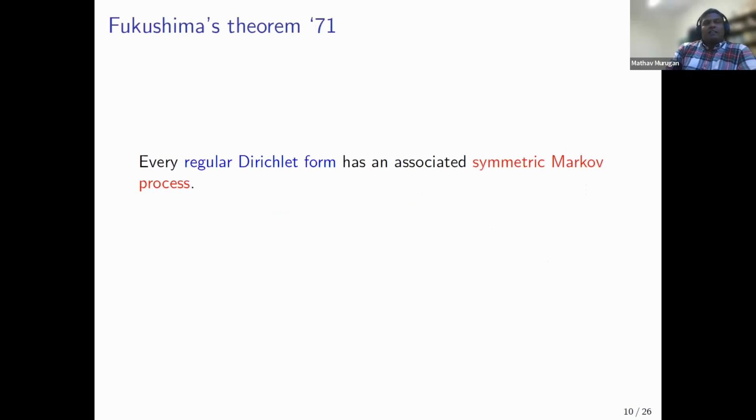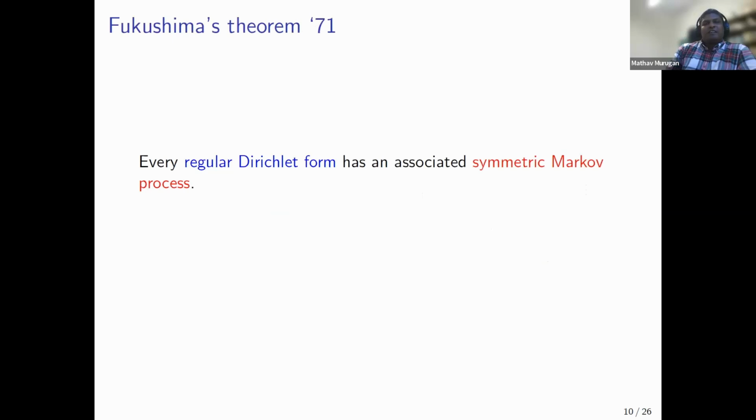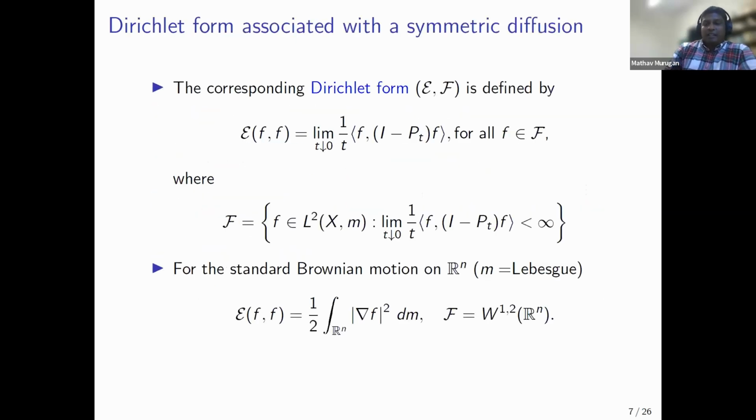Okay, the basic reason why this theory of Dirichlet forms is so useful is that it allows us to construct symmetric Markov processes. Every regular Dirichlet form has a symmetric Markov process associated with it. I just mentioned a construction of a Dirichlet form starting from a symmetric Markov process, where we look at the derivative of the semigroup of the Markov process at time 0, and this quadratic form gives you the Dirichlet form.